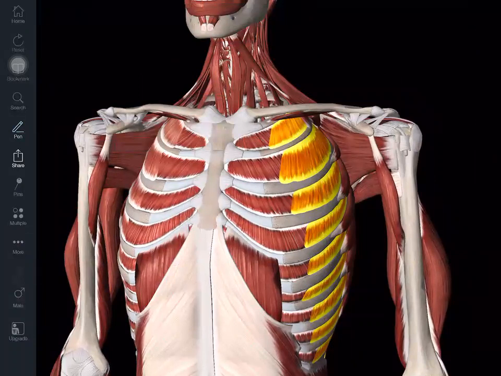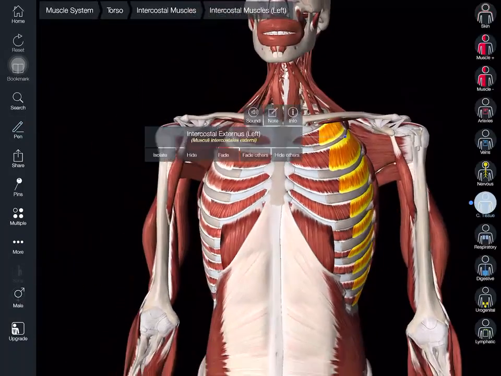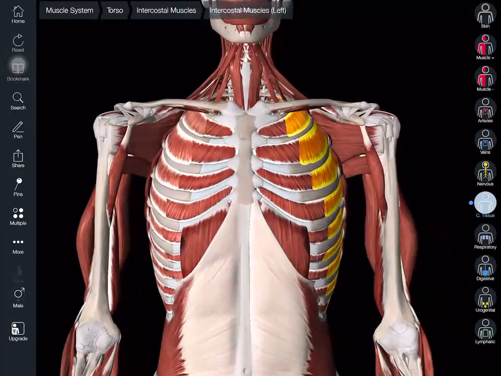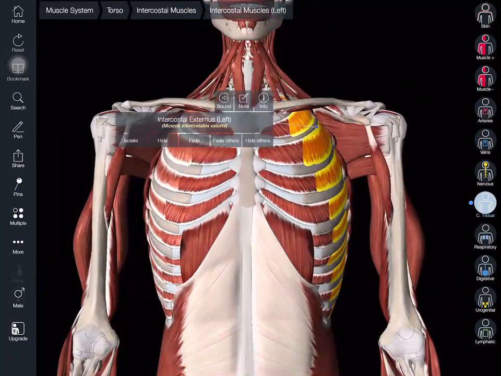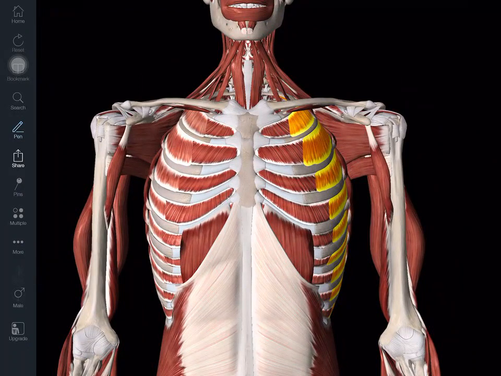But I want you to remember that the major muscle responsible for breathing is the diaphragm. These muscles are accessory muscles. For example, if you're doing forced inspiration or forced expiration, these muscles could be involved and help with the movements of the ribs. Otherwise, during normal breathing, it's mainly the diaphragm doing the whole thing.